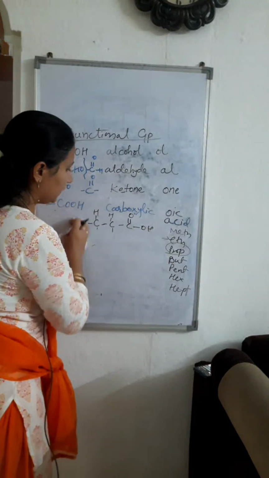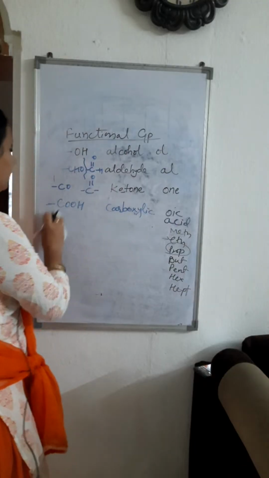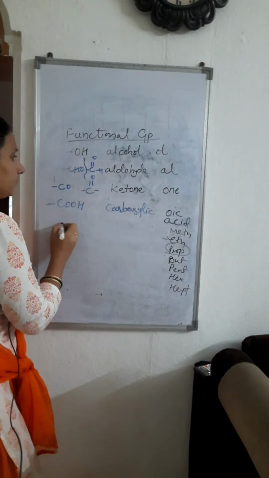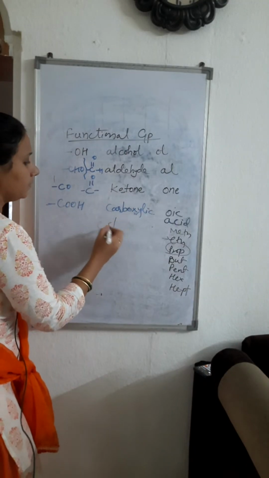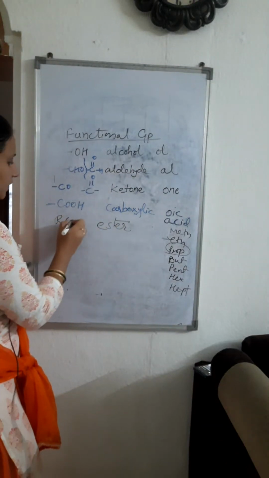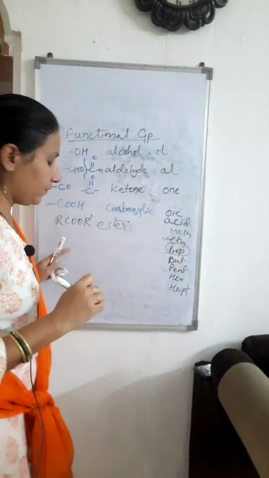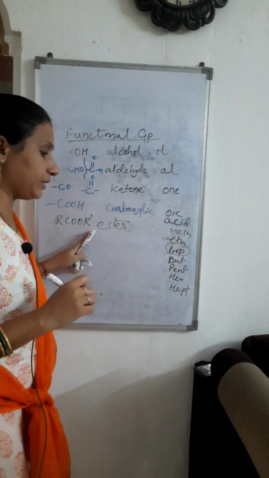Now the next one, after carboxylic acid, we have ester. Esters are represented as RCOOR dash. So here again you may get confused, like what is this R and R dash?